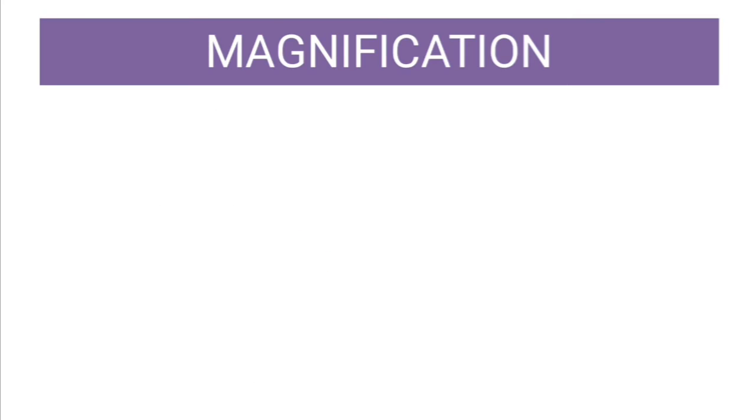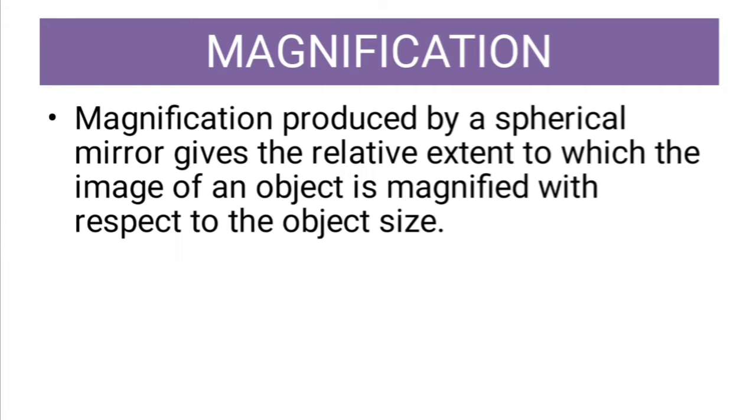So, the next topic is magnification. What is magnification? Magnification is produced by the spherical mirror. It gives the relative extent to which the image of an object is magnified with respect to the object size.